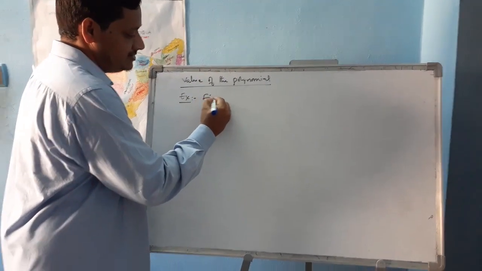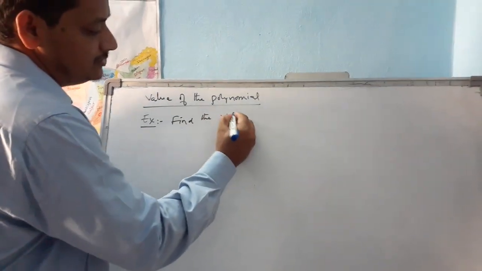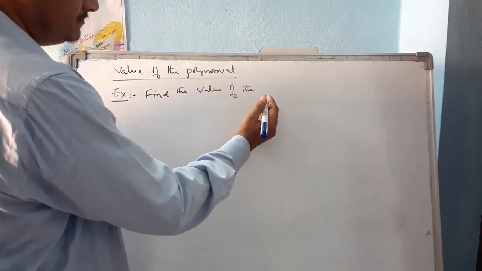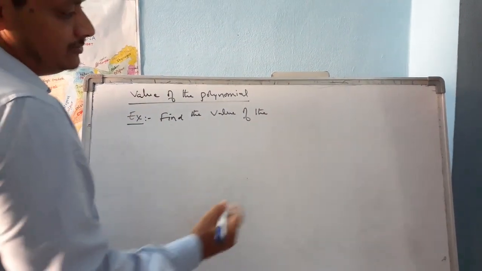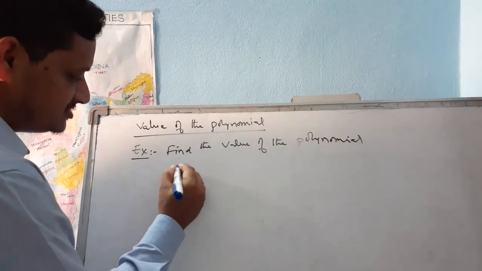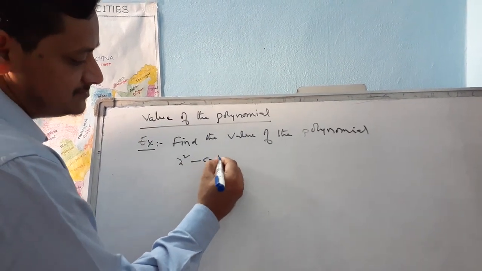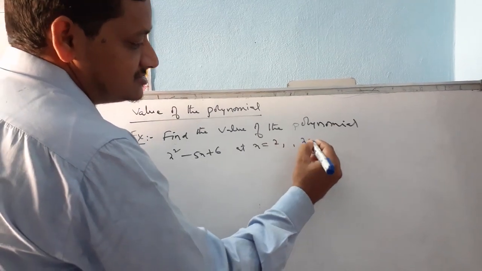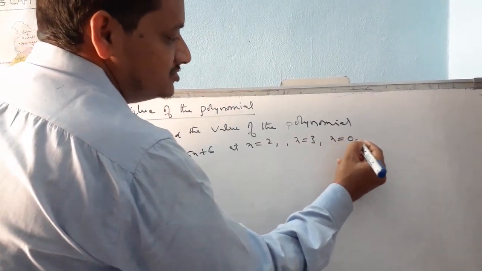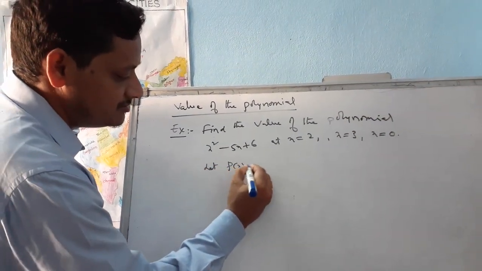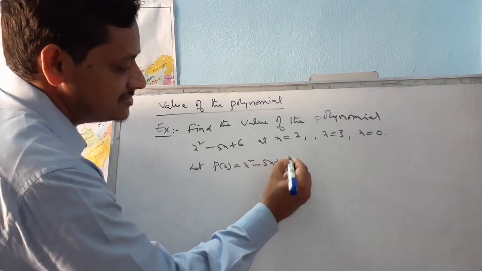So, examples. Find the value of the polynomial x square minus 5x plus 6 at x is equal to 2, x is equal to 3, and x is equal to 0. So here let p of x is equal to x square minus 5x plus 6.